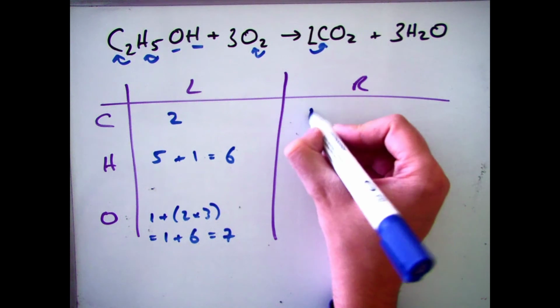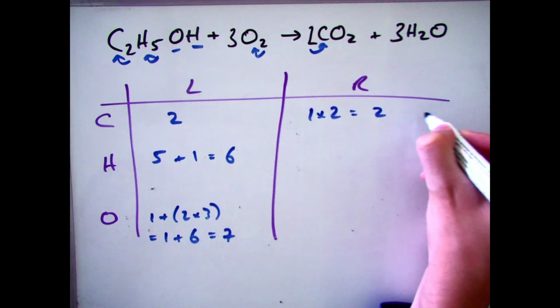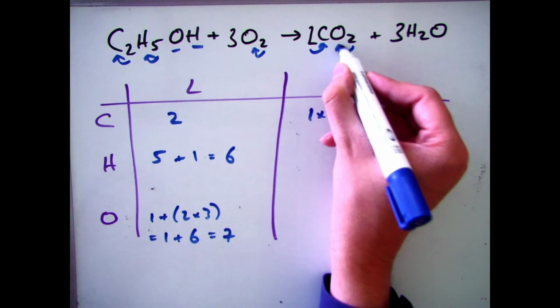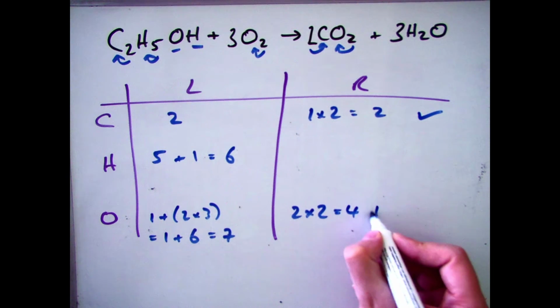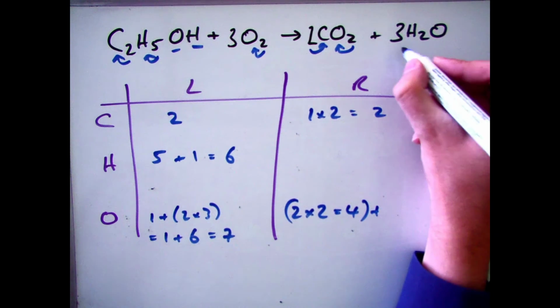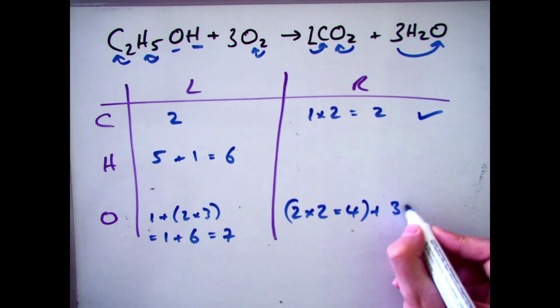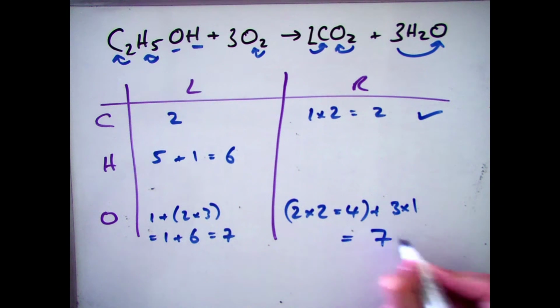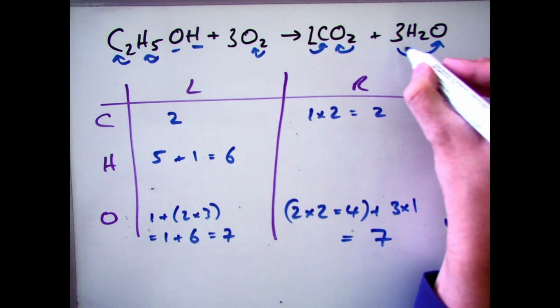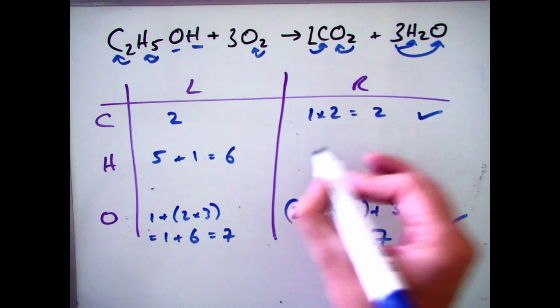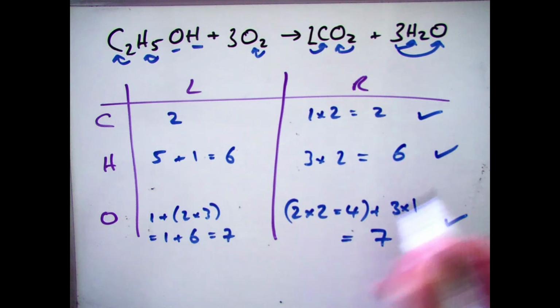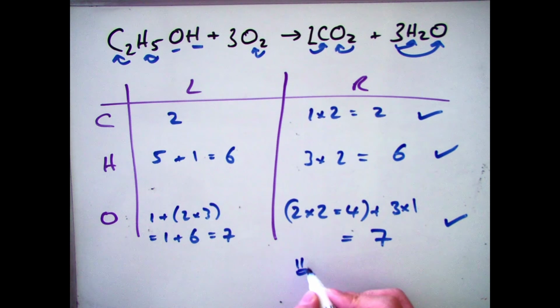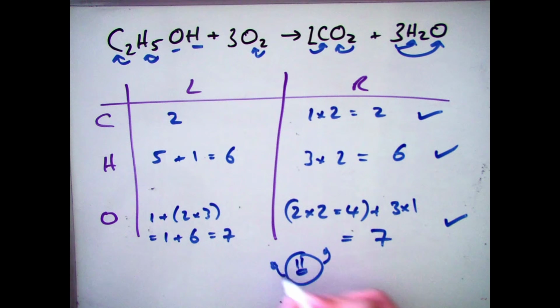Then on the right hand side I have 2 carbons, I have 2 oxygens times by 2, which gives me 4, plus my 3 from my water, so 3 times 1, so that gives me 4 plus 3 is 7, so that's balanced. And then hydrogen, 3 times by 2 gives me 6, which is also balanced. Good point there, always check afterwards.